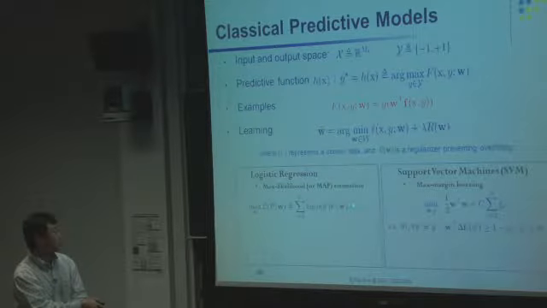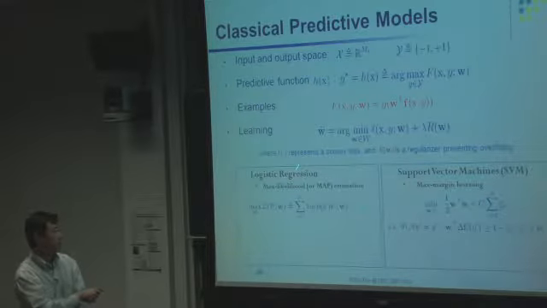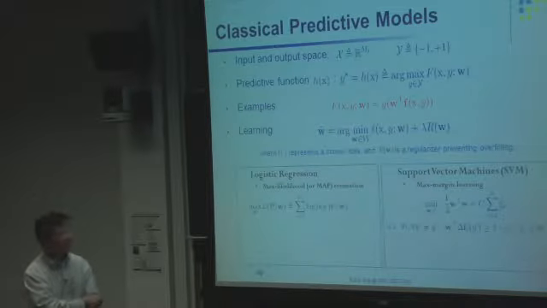You can also introduce a prior distribution on the weights, and then you get a Bayesian estimation of the weights. So this is logistic regression or Bayesian logistic regression. Basically, what you do here is a maximum likelihood or a maximum a posteriori estimator.